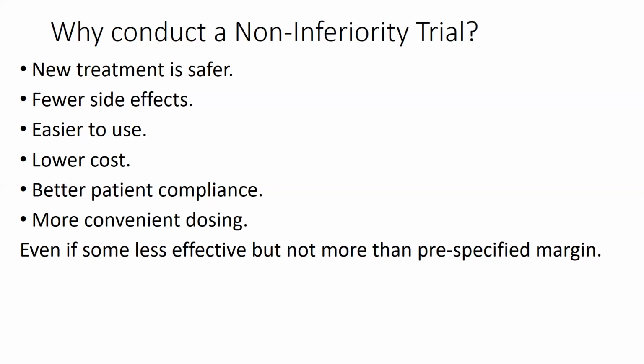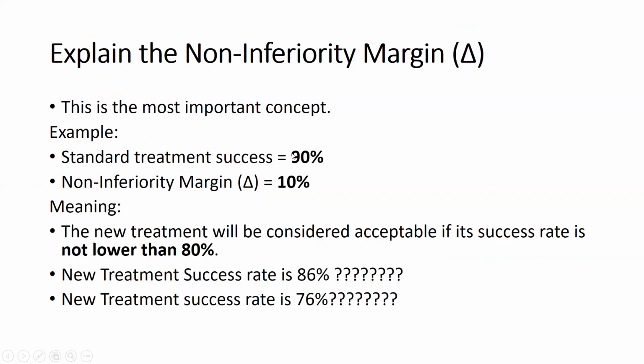Okay. So if you have any question, you can ask. Please see this. This is the most important concept. Explain the non-inferiority margin delta. Standard treatment success is 90%. We have predefined non-inferiority margin of 10%.